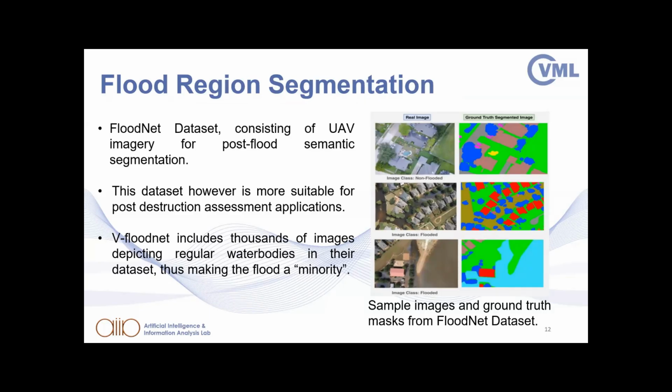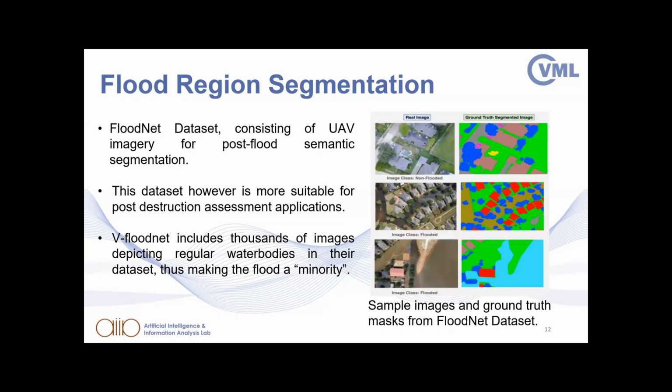On the right, you can see examples of real images alongside their corresponding ground truth segmentation masks. The top row shows a non-flooded image with areas like buildings, trees, and open land clearly identified in the segmentation mask with specific colors.